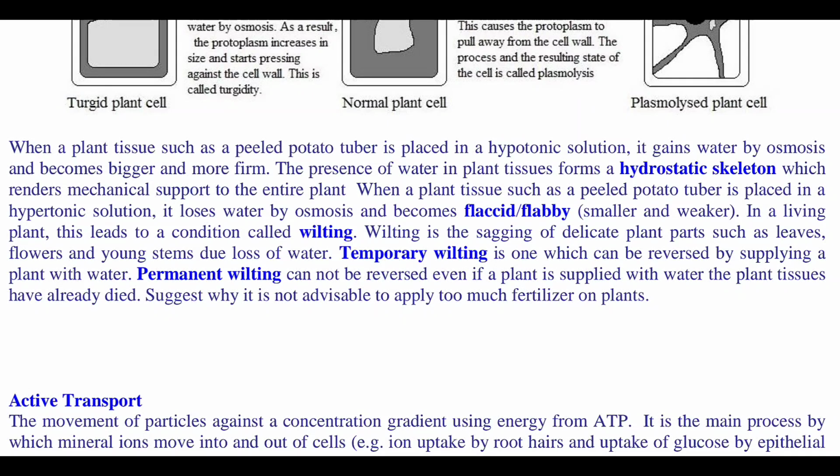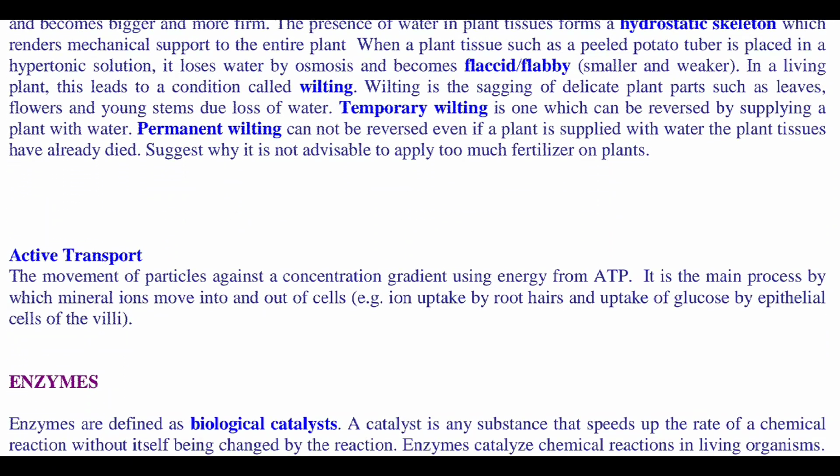Now, let's look at the last thing, transport across the cell membrane. Active transport. The movement of particles against a concentration gradient using energy from ATP is called what? Active transport.